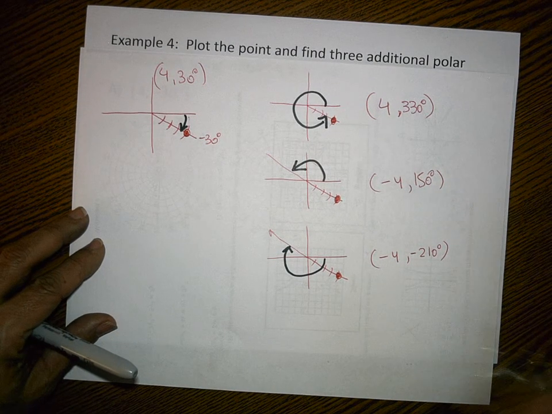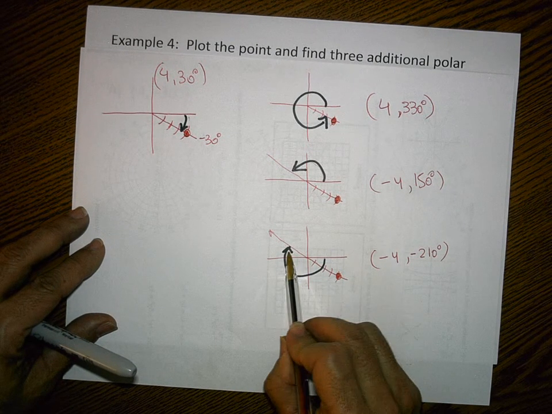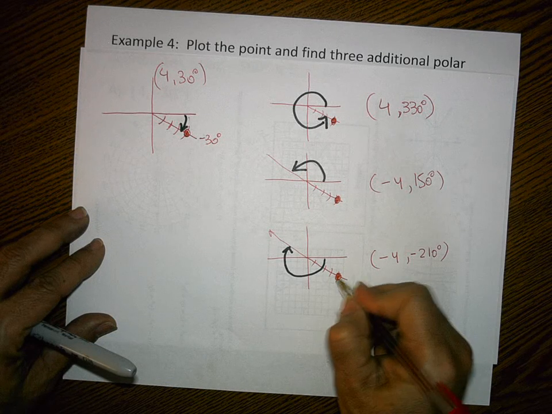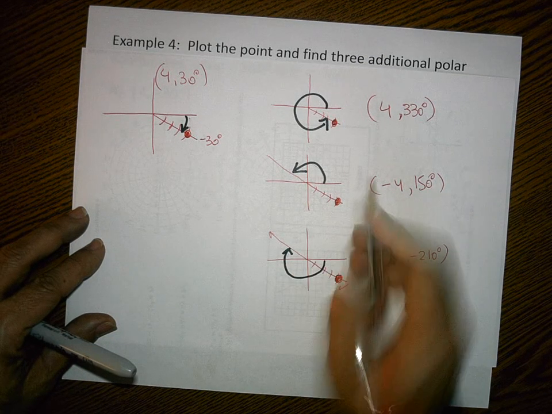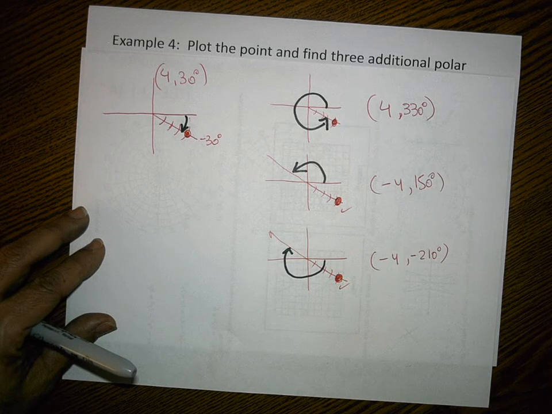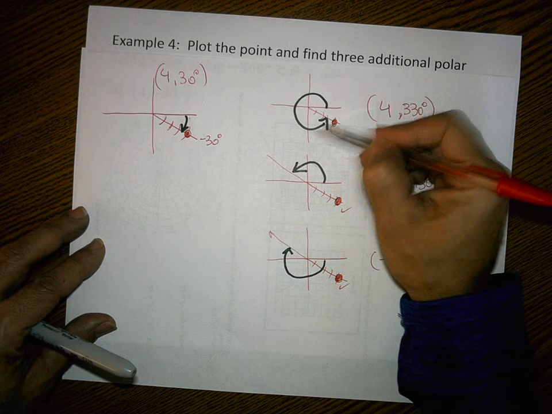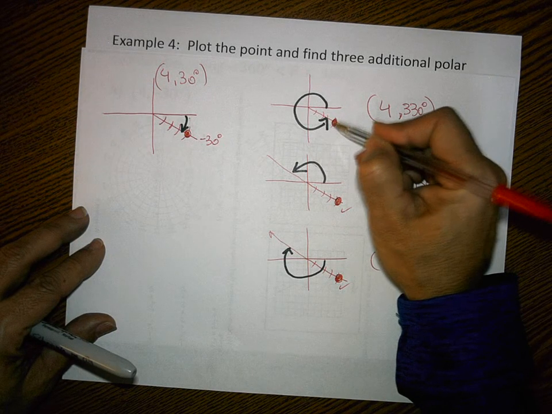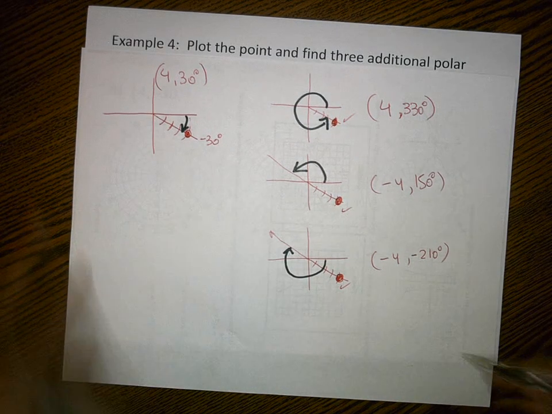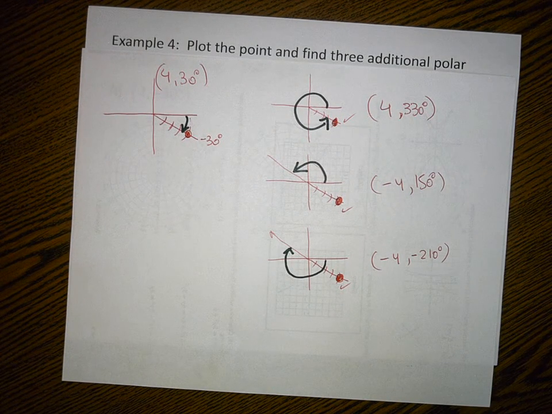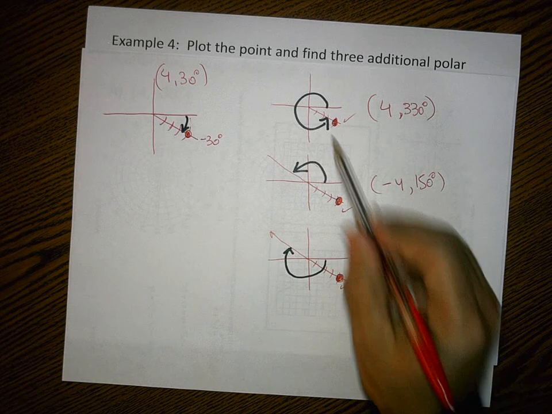So go here, reflect it, you end up here at point P, check. If you go to 150, reflect it, you end up here at point P, check. If you go 330 and stay with the positive radius, there it is. So that is how you get 3 other ways of labeling the exact same point.